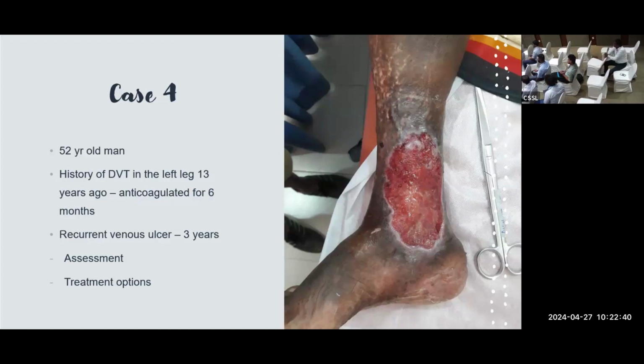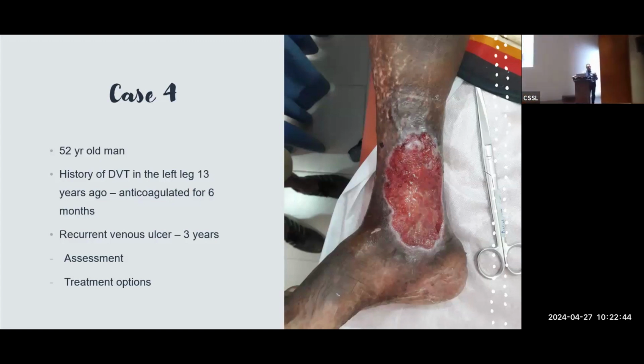So some time ago, what we were told or what we were taught is if there is evidence of DVT or past history of DVT and now there is a venous ulcer, don't do any treatment for the superficial veins. Now the thinking has changed. So there's almost like a paradigm shift.